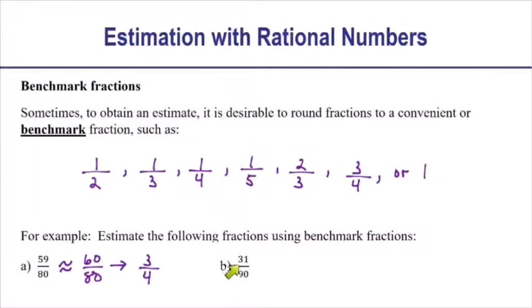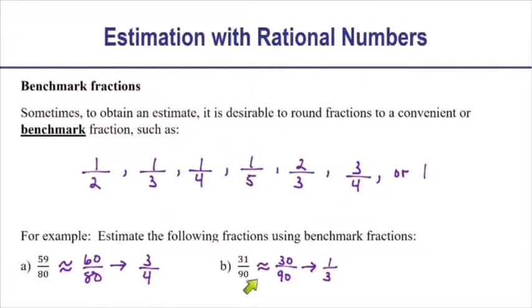And kind of the same thing on 31/90ths. So 31/90ths will not reduce, but if this were 30/90ths, it would reduce, and 31 is very close to 30. So we can estimate 31/90ths as 30/90ths, and then we can reduce that from 30/90ths to 3/9, which reduces to 1/3.